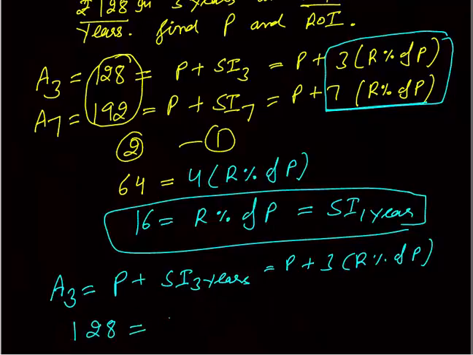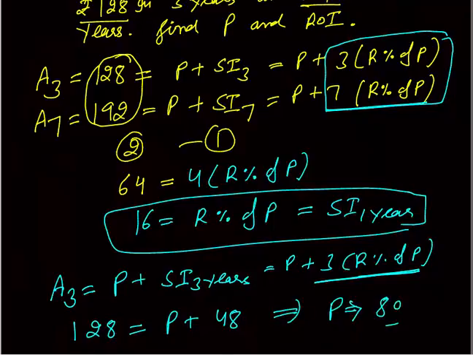Principal we need to calculate. Now 3 into R% of P we know is equal to 48 because R% of P is 16. So 3 into R% of P is 48. So by this we will get P is equal to 128 minus 48, that is rupees 80. So 80 rupees was your principal.